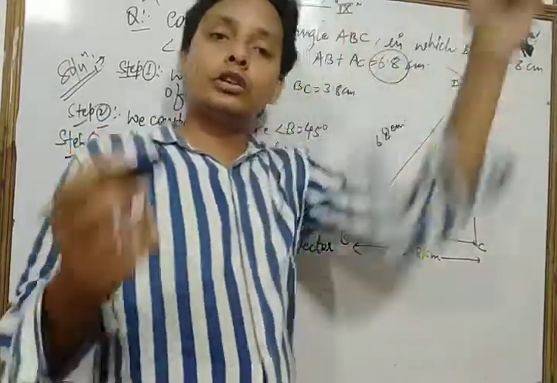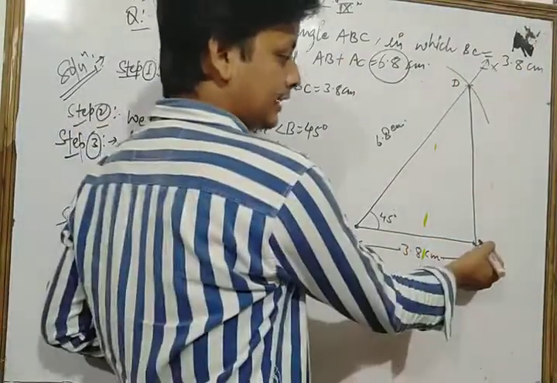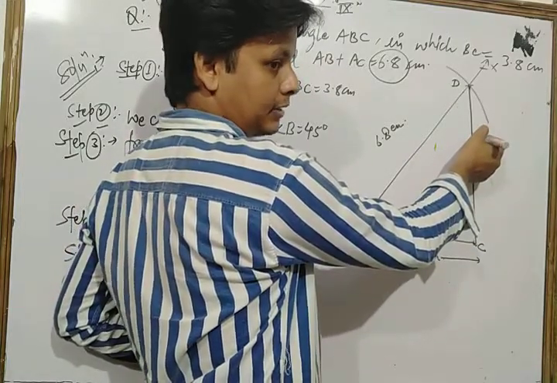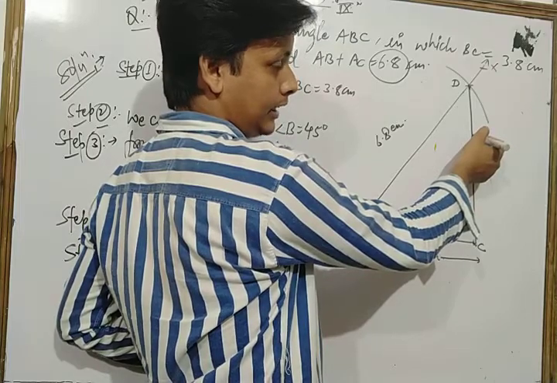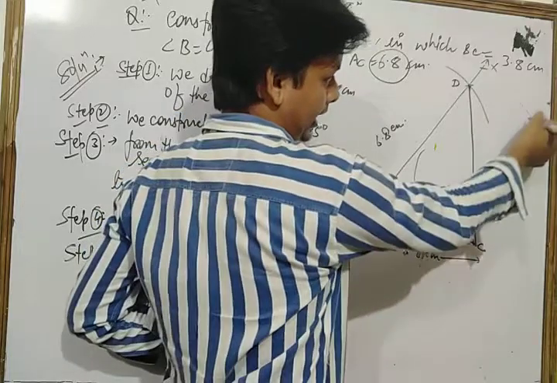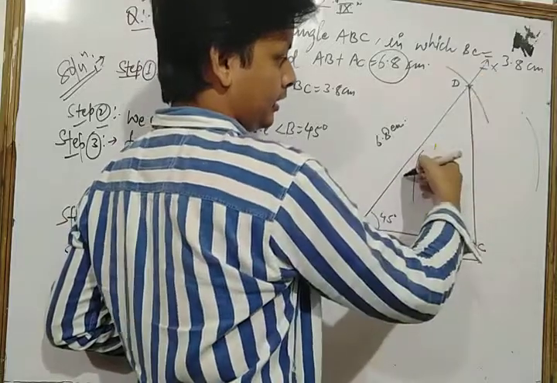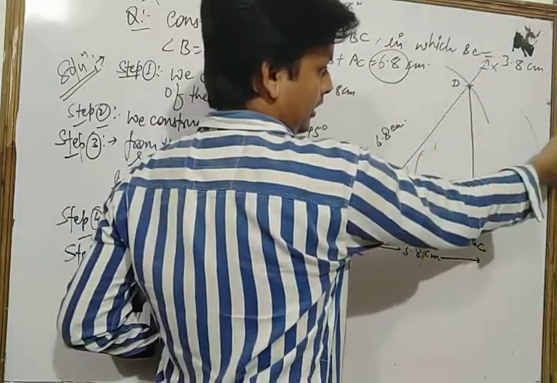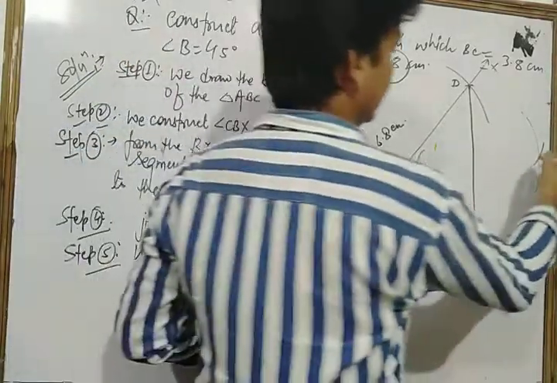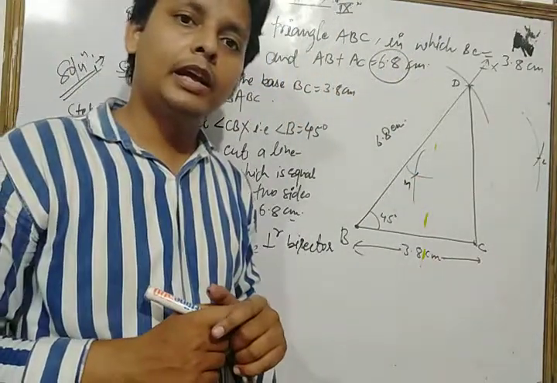In constructing the perpendicular bisector of CD, first of all we take C as center and distance more than half of CD, and cut a pair of arcs on each side of the line segment CD. With the same radius, taking D as center, we cut arcs that intersect the previous arcs at two distinct points, let L and M respectively.